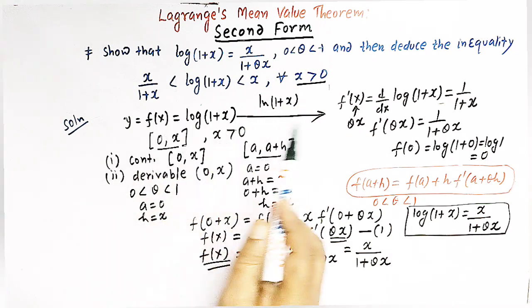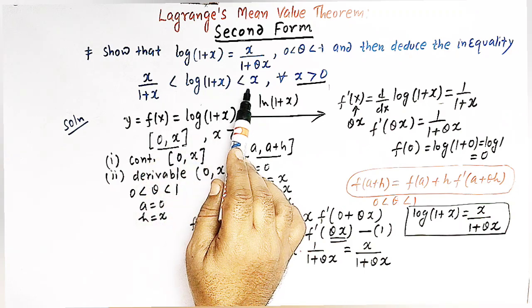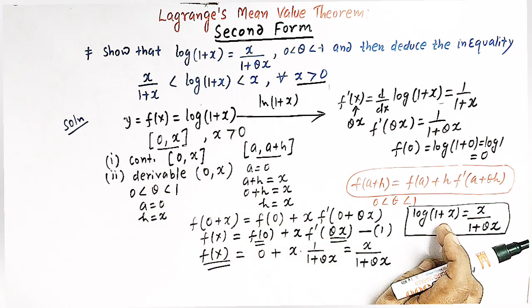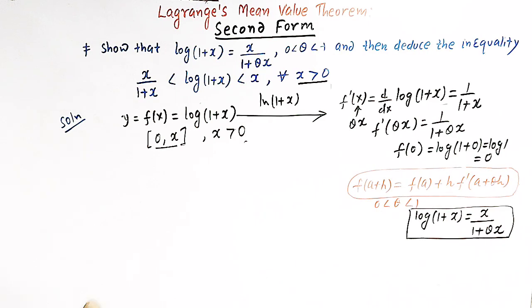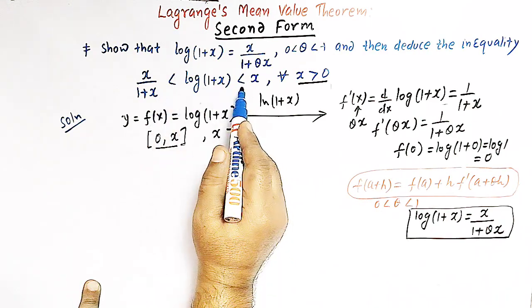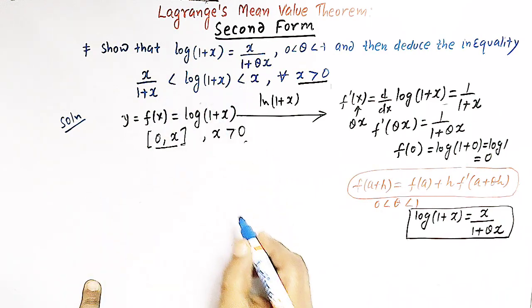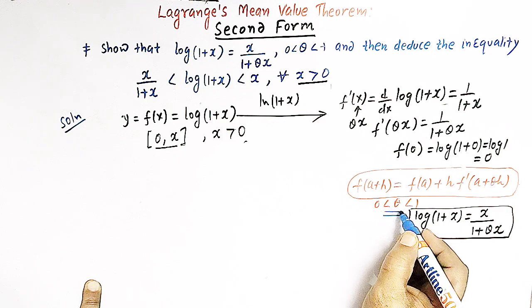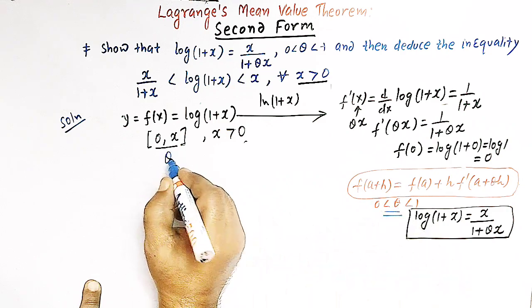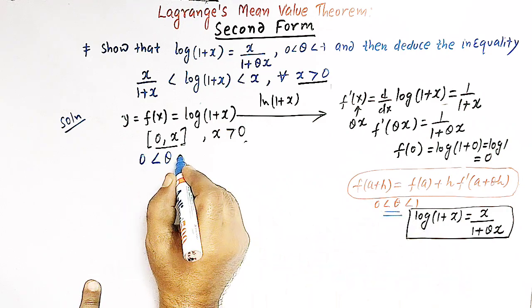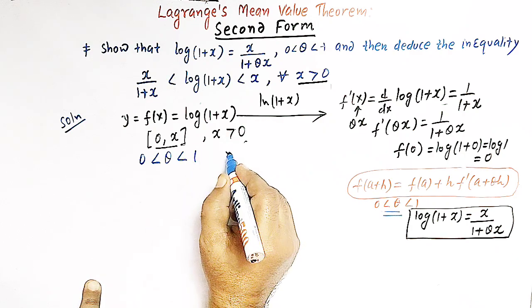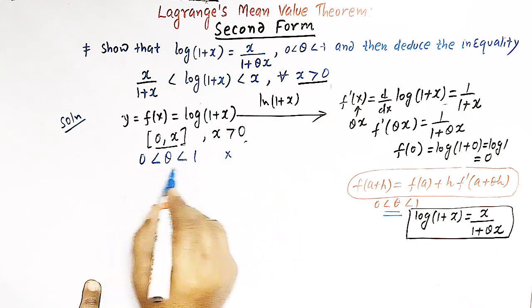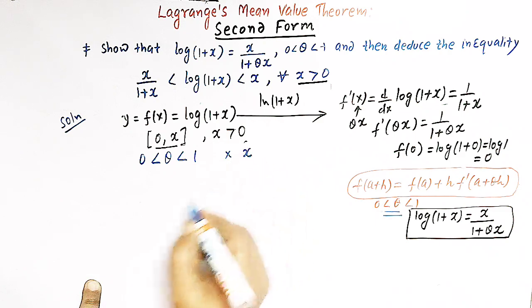Now let us prove this inequality with the help of this result. So to get this inequality, let us start with this one, right? So we have theta lying between 0 and 1. Now let us multiply throughout this inequality by x, right?